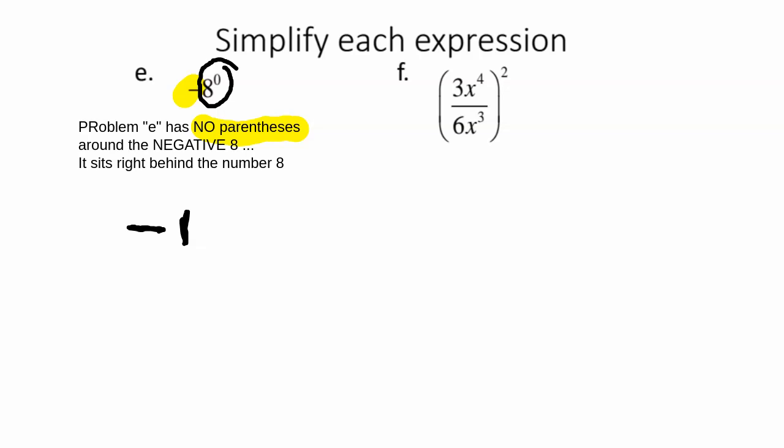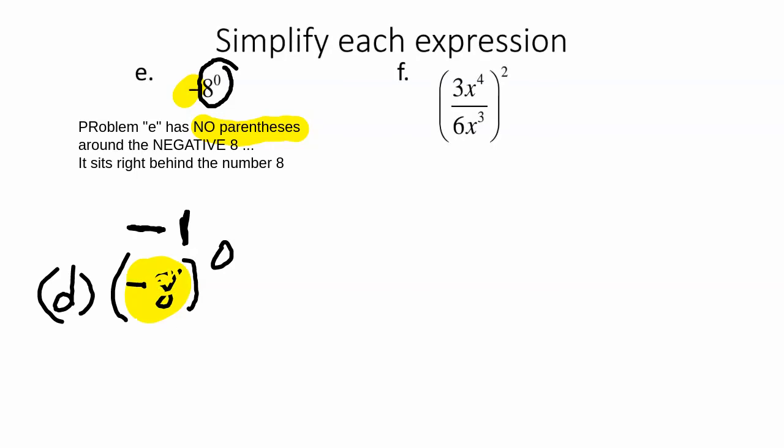So notice the difference. In problem D, we had -8 inside the parentheses. But in E, there's no parentheses. D was a positive 1, but E is a -1.